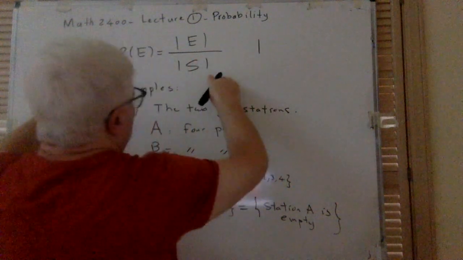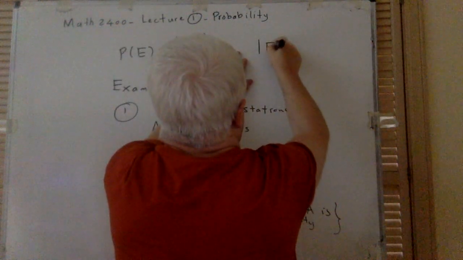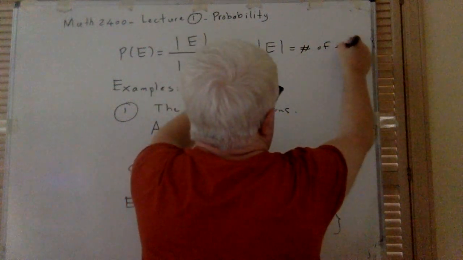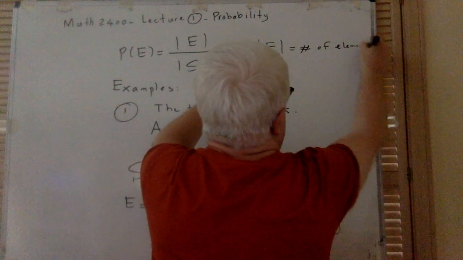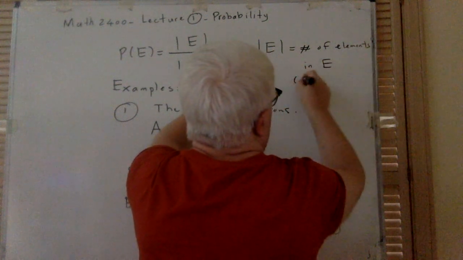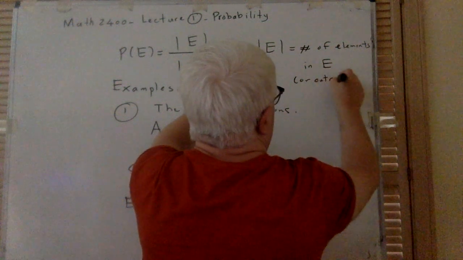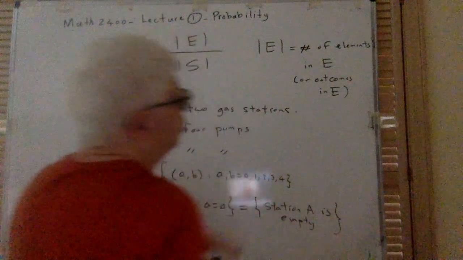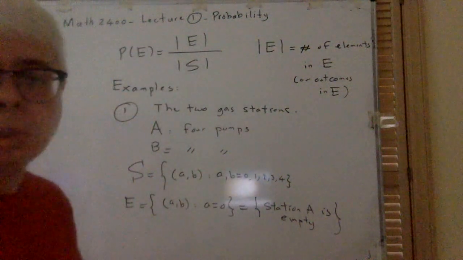And this absolute value, absolute E, is the number of elements in E, or outcomes. Remember, we call them outcomes. Some students prefer outcome to element, but that's okay.